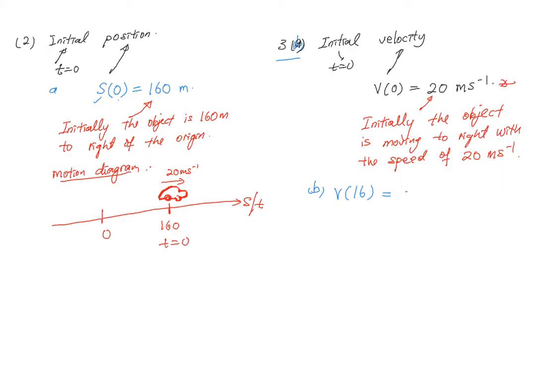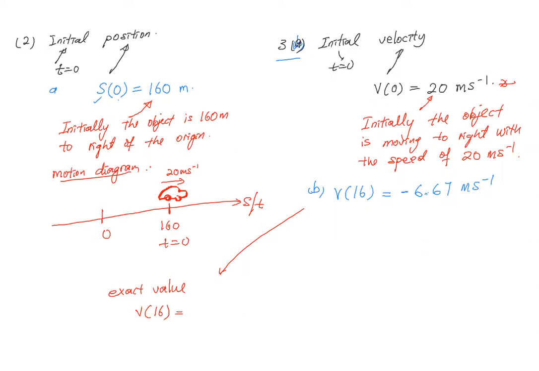Negative 6.667. Negative 6.67 meter per second. Okay, so this is the approximate value. If the question asks for the exact value, then we have no choice but to sub into the formula, okay?